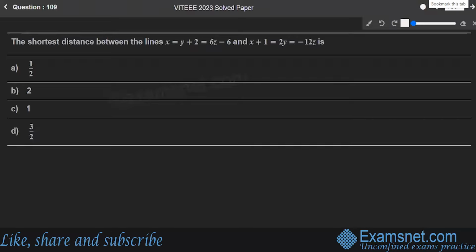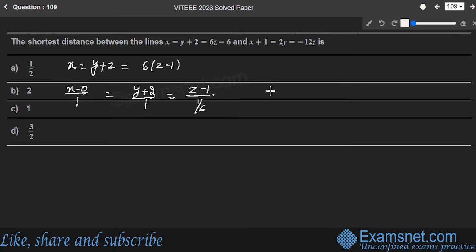Question number 109, the shortest distance between these two lines is given by what? The first line given to you is x is equal to y plus 2 is equal to, I'll take 6 common, z minus 1. This can be written as x minus 0 upon 1 is equal to y plus 2 upon 1 is equal to z minus 1 upon 1 by 6.